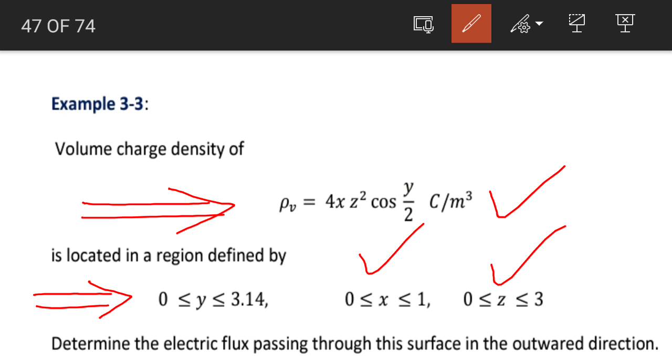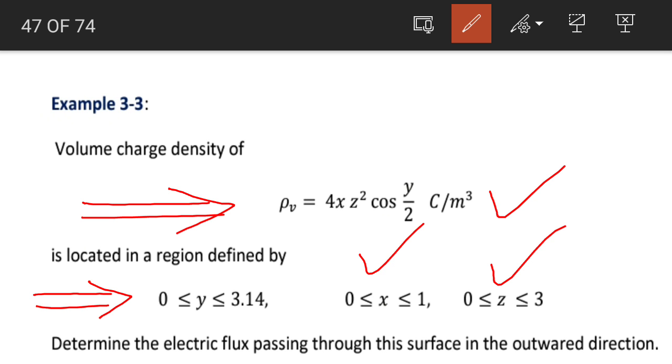So this is a closed surface in the form of a rectangular box. We need to find out the flux passing through this rectangular box in the outward direction.